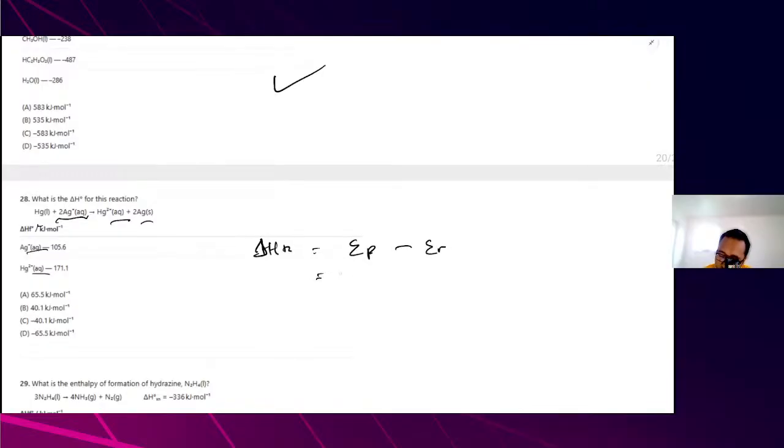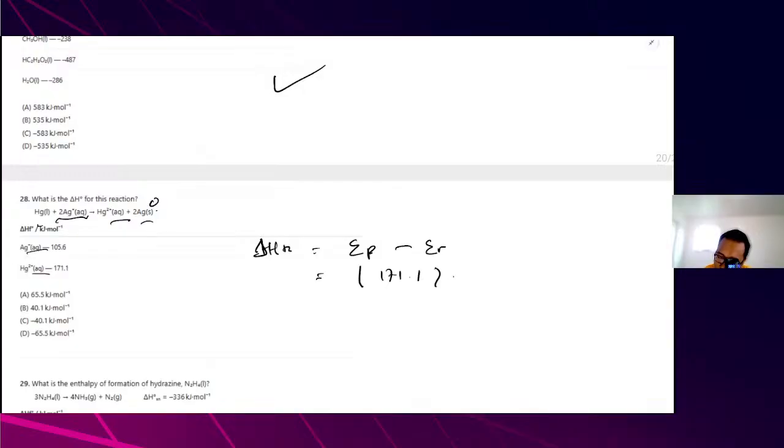So for the product, Ag will be 2 times 105.6, right? And then plus, no, wait. This one should be 0, okay?